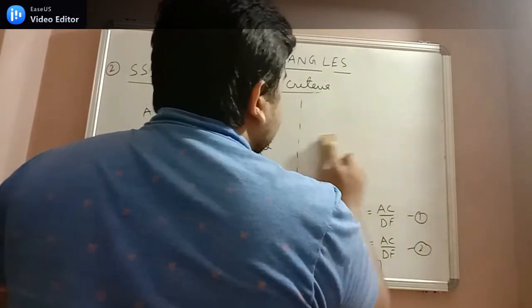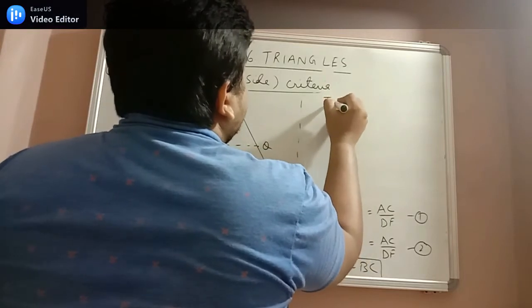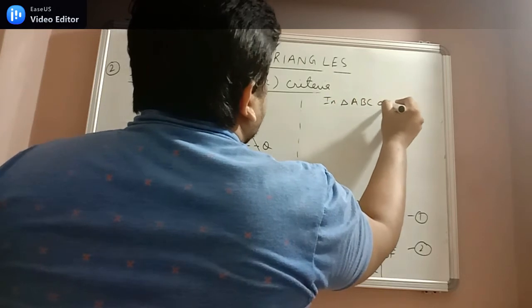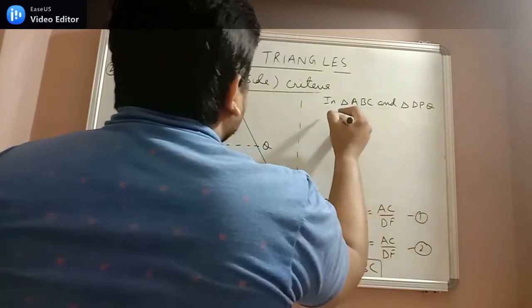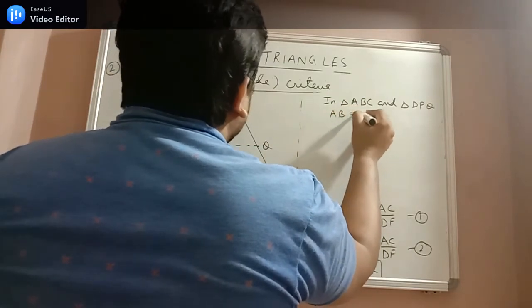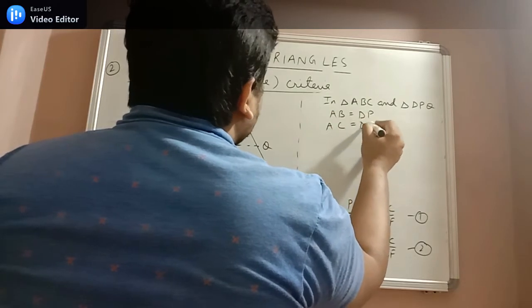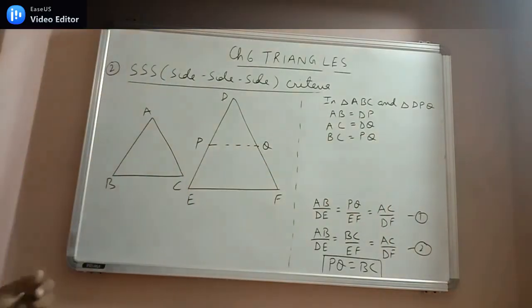Let's write down. So in triangle ABC and triangle DPQ, we already have AB equal to DP, AC equals to DQ and BC equal to PQ. We have already proved.